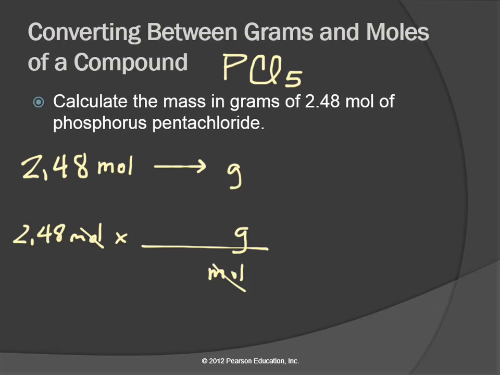From this, we can calculate the relationship between 1 mole and grams. There's 1 mole of phosphorus, 1 times 30.97 grams, and 5 chlorines, 35.45 grams.